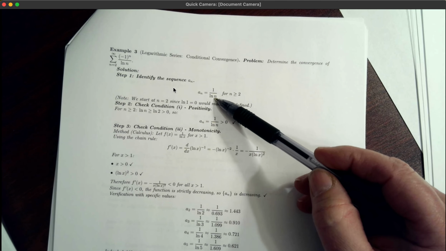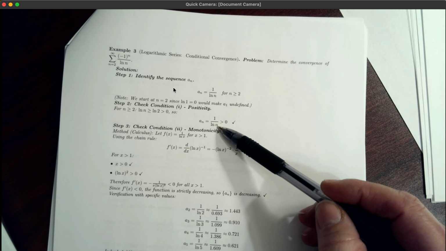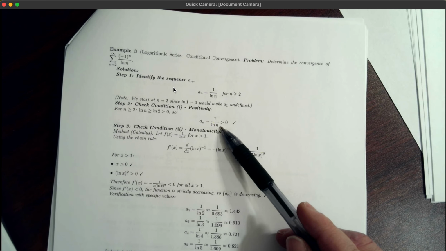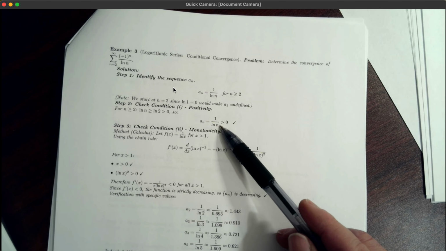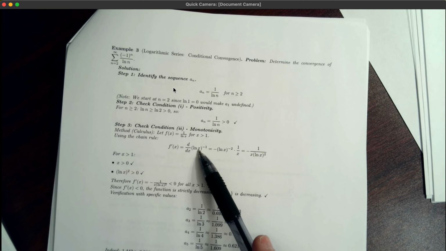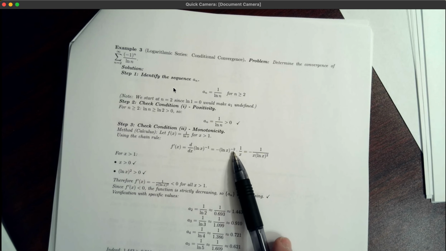The natural log of n is positive if n is greater than 2. The natural log of n increases, so 1 over the natural log of n must decrease. If you want to check it with a derivative, I don't know if I would recommend doing it like this, but you can.